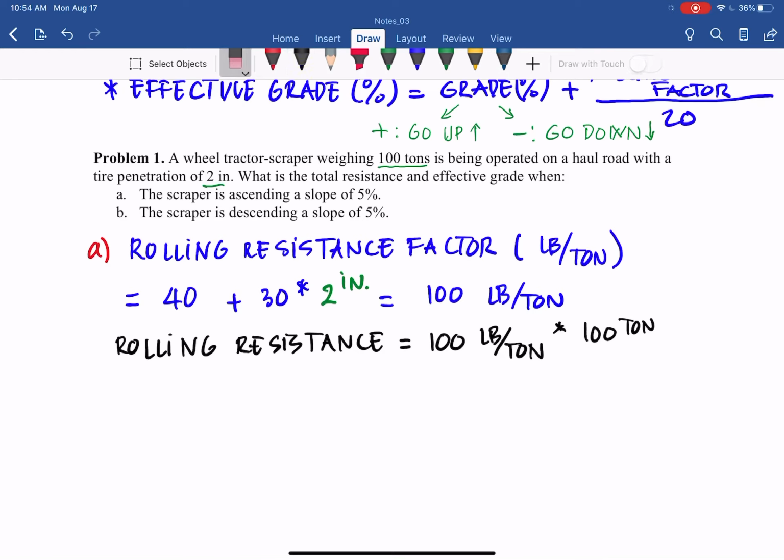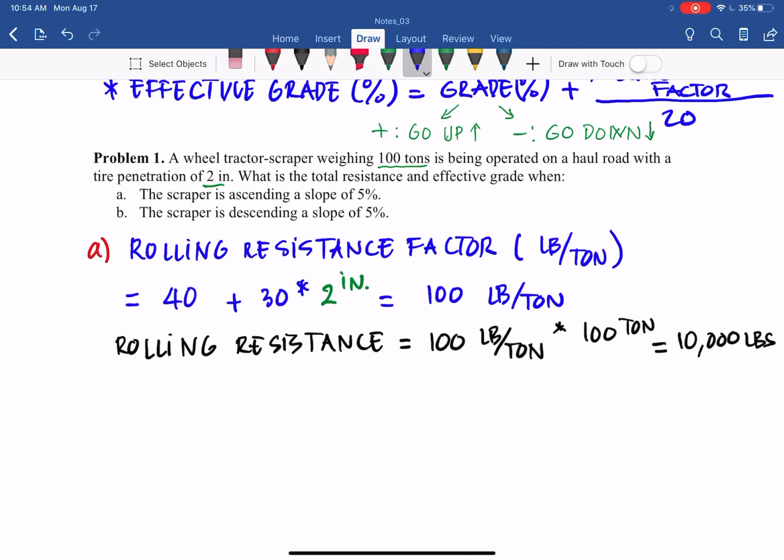From that we have 10,000, and tons cancel out, so 10,000 pounds. So the rolling resistance, given that equipment and the material on the surface, is equivalent to 10,000 pounds. And the second one we want to determine is the grade resistance.